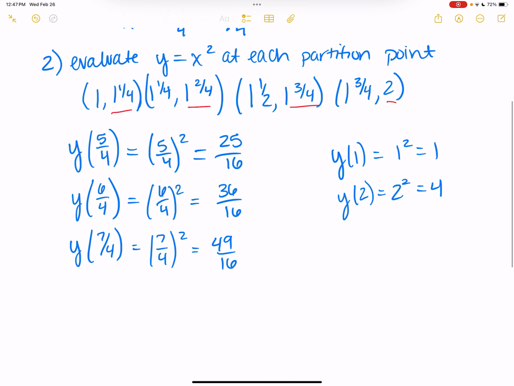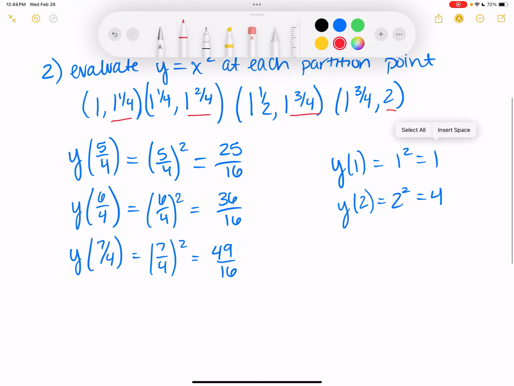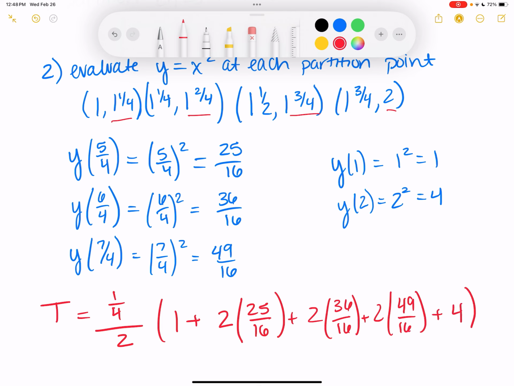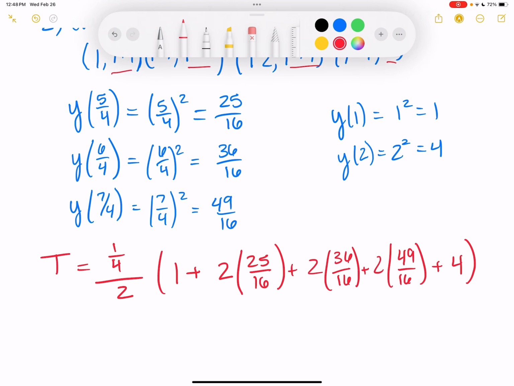Anyways, we need the ends, and also the endpoints. So T equals 1/4 over 2, because that's our formula for the trapezoidal rule, times 1 plus 2 times 25 over 16 plus 2 times 36 over 16 plus 2 times 49 over 16 plus 4. I don't know at what point your notes stopped.